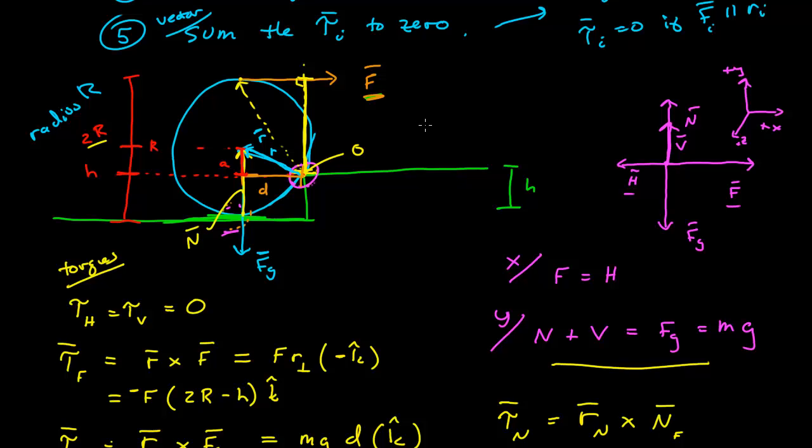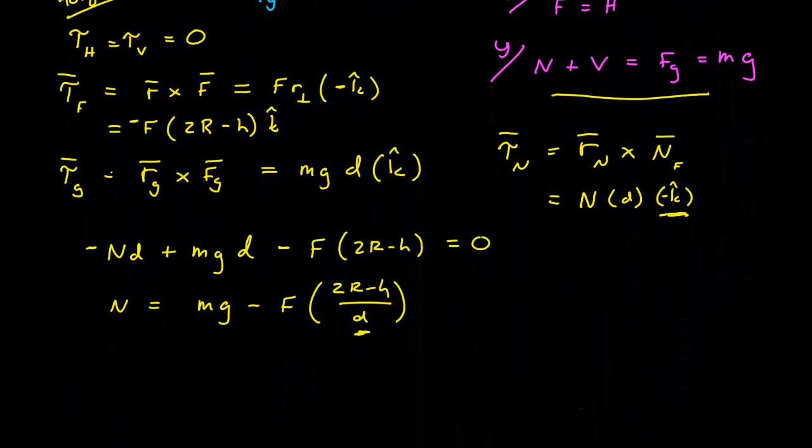And so from that triangle, I know that a squared plus d squared is equal to r squared. The a then is r minus h. So I have r minus h squared plus d squared is equal to r squared.